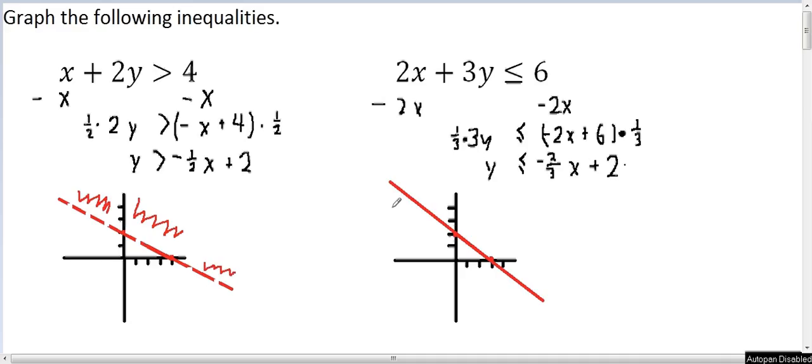So we need to color this half plane. So this graph now represents all the solutions to the combined inequality y is less than or equal to minus 2/3 x plus 2, or equivalently, the original inequality 2x plus 3y is less than or equal to 6.